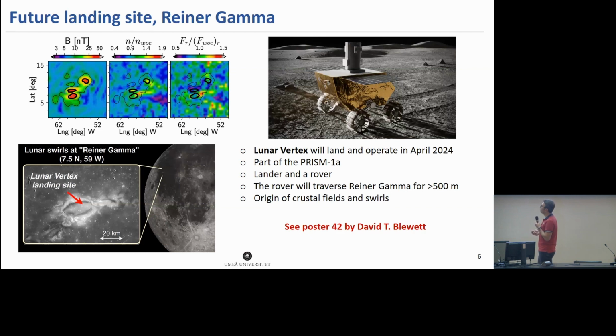But it's extremely important for us to know how much plasma is coming down to the surface at any specific region. So if you're interested in the mission, I encourage you to see the poster tomorrow by David Blewett. Unfortunately, he couldn't come, but I will present it.